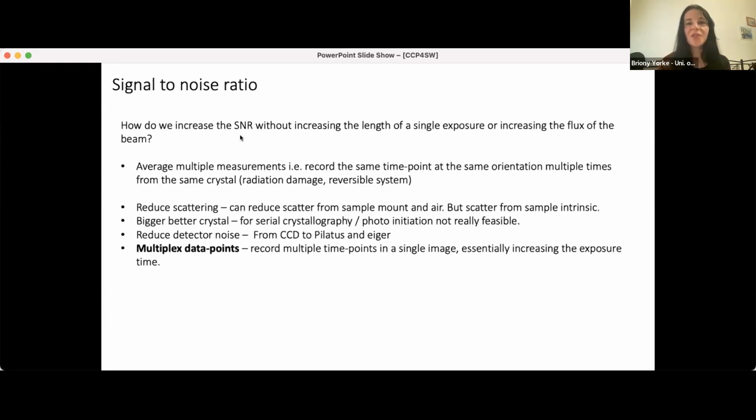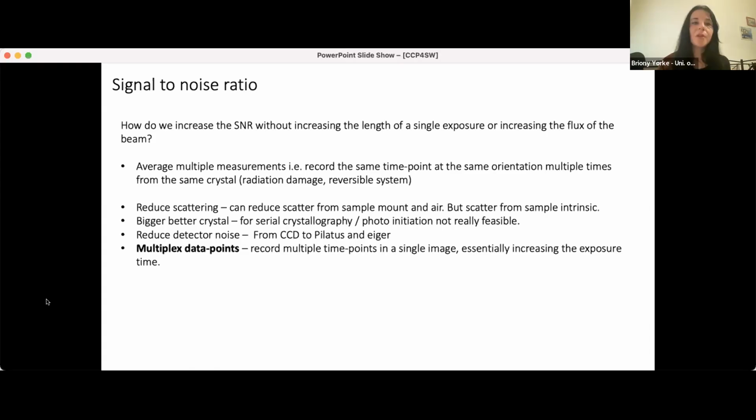So what we want to be able to do is increase the signal to noise ratio in our diffraction images without having to increase the length of a single exposure, or without having to go to an XFEL to increase the flux of the beam. There are different ways we can do this. In a reversible system, we can just average multiple measurements, and that's quite straightforward. But in an irreversible system, as we have with most of our protein crystallographic experiments, we need to do something else.